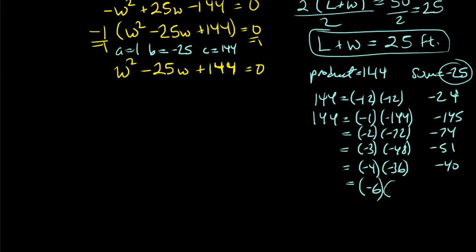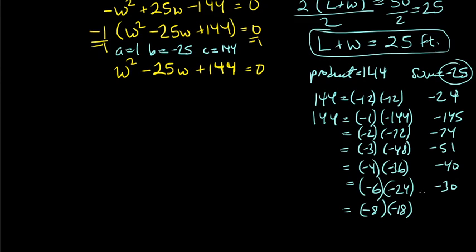But if we divide by negative 6, we get negative 24. Add those up, you get negative 30. So we're getting closer. Can we divide by negative 7? No, but negative 8. Sure. Negative 8 times negative 18. Just making sure. Yep.